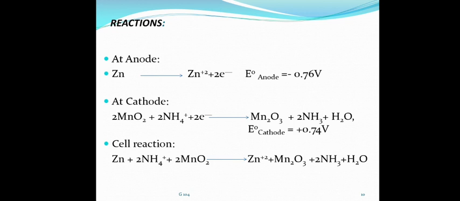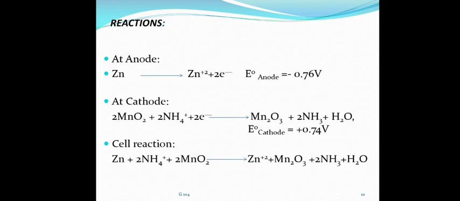The total cell reaction can be written as Zn plus 2NH4+ plus 2MnO2 gives Zn2+ plus Mn2O3 plus 2NH3 plus H2O. So what is the E cell? E cathode minus E anode. 0.74 minus of minus 0.76.